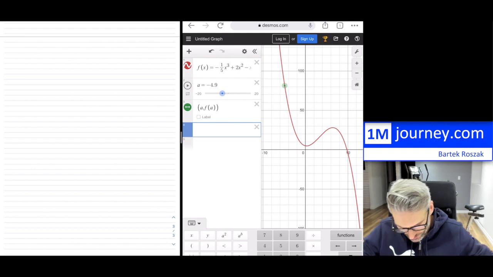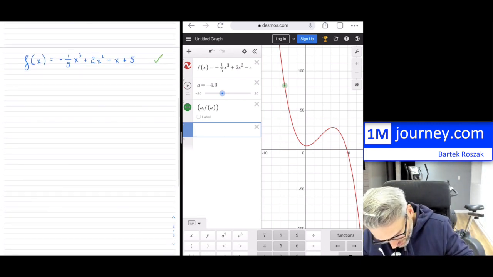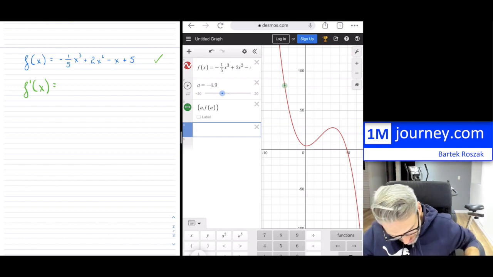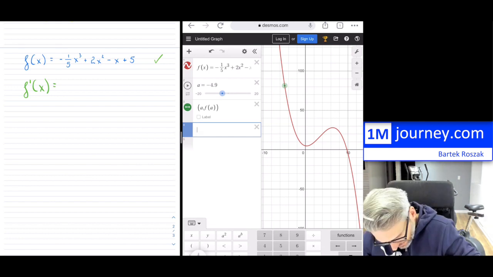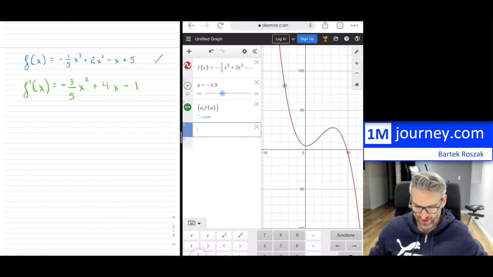So my first derivative is going to be equal to negative 3 over 5 x squared plus 4x minus 1. That is my first derivative, all right?